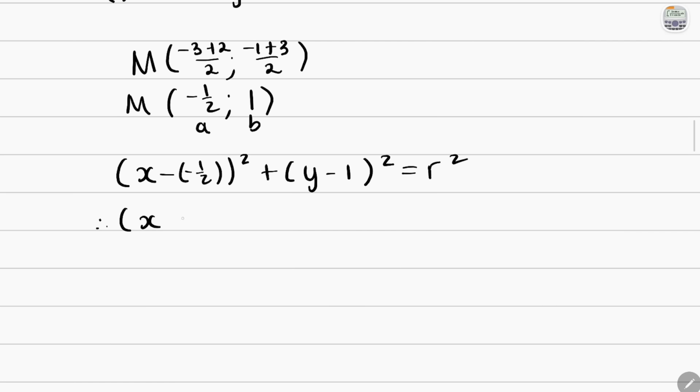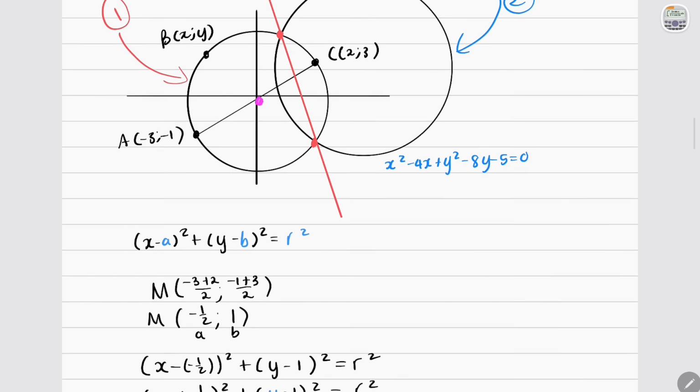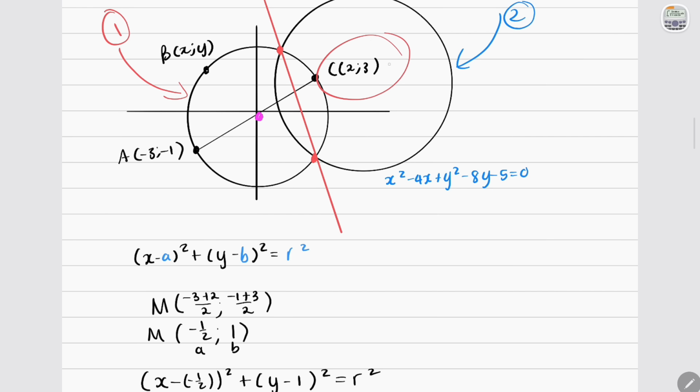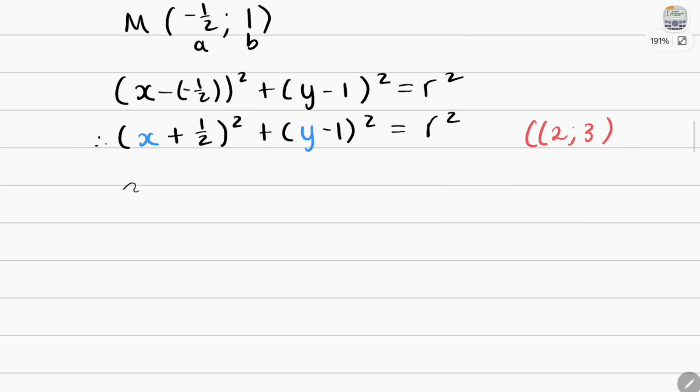So this is now x plus 1/2 all squared, plus y minus 1 all squared is equal to r squared. To find r squared, you just have to fill in x and y. We have 2 points on the circumference of the circle, so choose any one. I'll take the positive one because it's easier to use, C, which is (2, 3), and substitute it. So we have 2 plus 1/2 all squared plus 3 minus 1 all squared equals r squared.